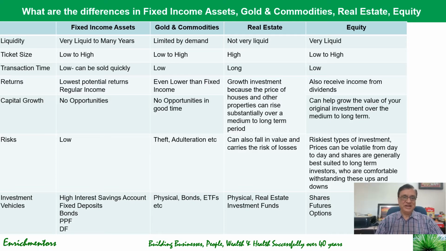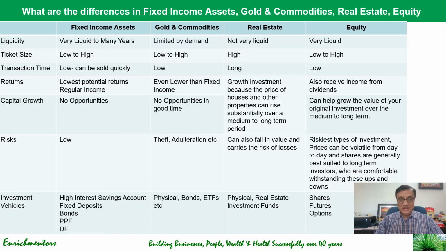So you have a wide variety of choice in terms of liquidity. Gold and commodity are again reasonably liquid. Commodities can be bought and sold, but it depends on the pricing. And gold has one particular issue in terms of its purity. If you can compromise on the rate and the purity, you could sell gold quickly.